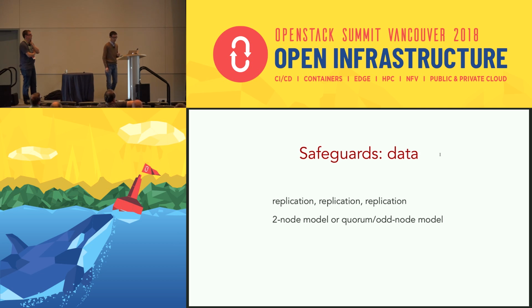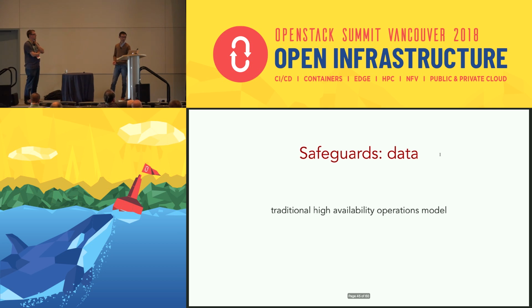In essence, we're looking at replication, replication, replication. When you're looking at replication, you've got two options, either the two-node model or the odd-node model. So really, this is a traditional HA model, right?